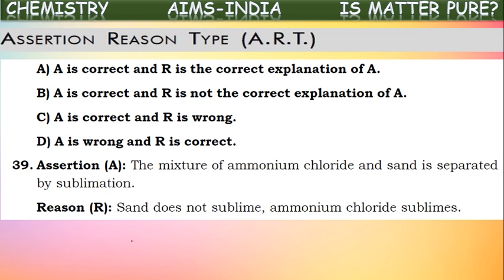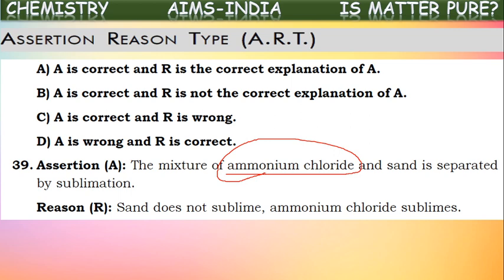Out of these two compounds, ammonium chloride is a sublimable substance. That means ammonium chloride converts directly from solid state to gaseous state without coming into liquid state. Sand won't sublime.